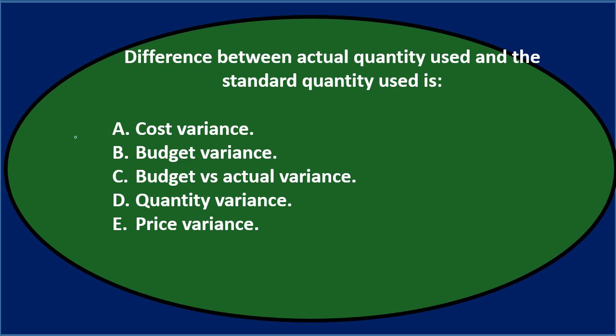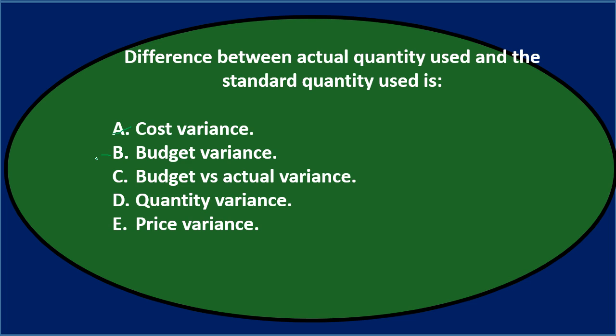Go through this again using the process of elimination. Difference between actual quantity used and the standard quantity used is either A, the cost variance. So we're talking about the quantity now, so it doesn't seem like it's going to be the cost because we're talking about units. B says the budget variance, and that sounds like, okay, could be budget versus actual.